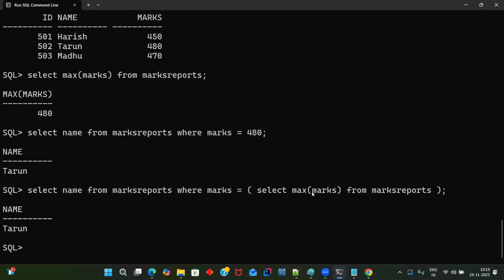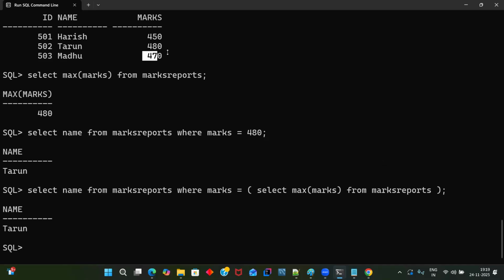Before I go to the next topic, is this subquery returning one row or many rows? I'm talking about this table. One row, sir. Based on the data, sir. If there is a tie, it returns two or more rows. I understand what you are asking, Kavya.